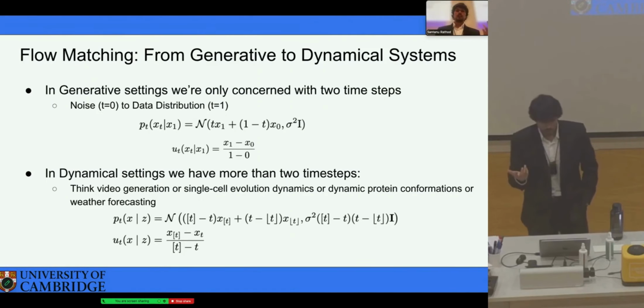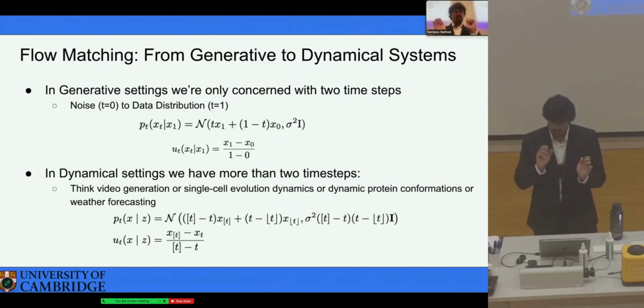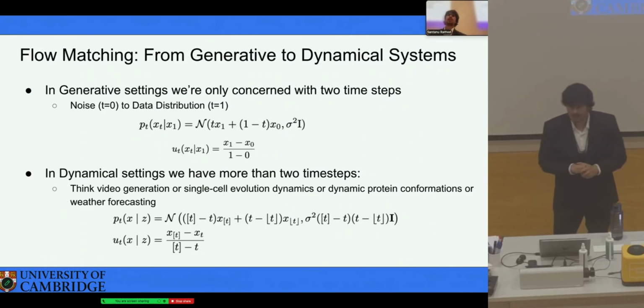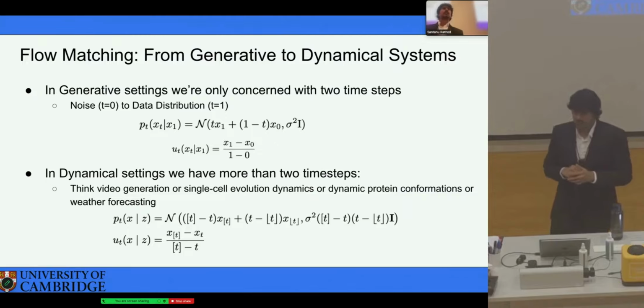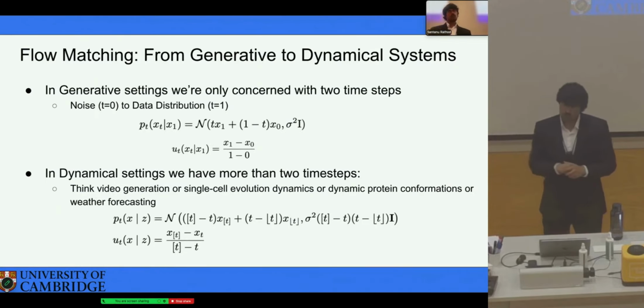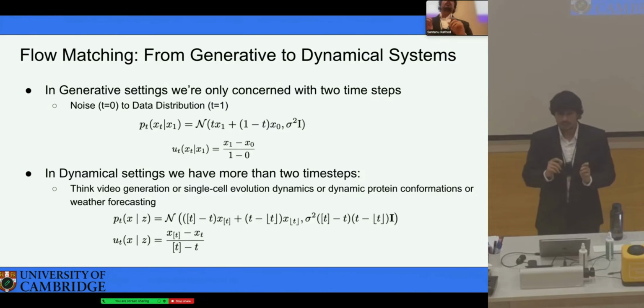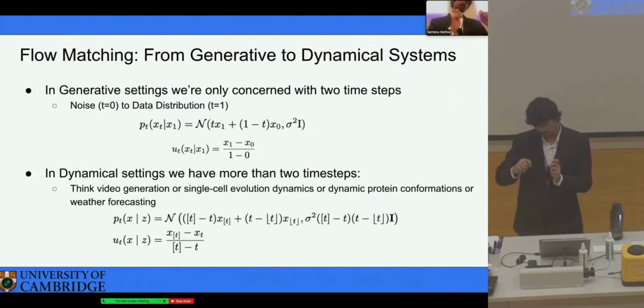The simple way to do so is by basically just doing things step by step. By step by step, what I mean is that if in generative settings you're going from noise to data or data to data, then in dynamical settings, if you have times T1, T2, T3, T4, and so on, you just consider generating things between T1 and T2, and then T2 and T3, and then T3 and T4, and so on.